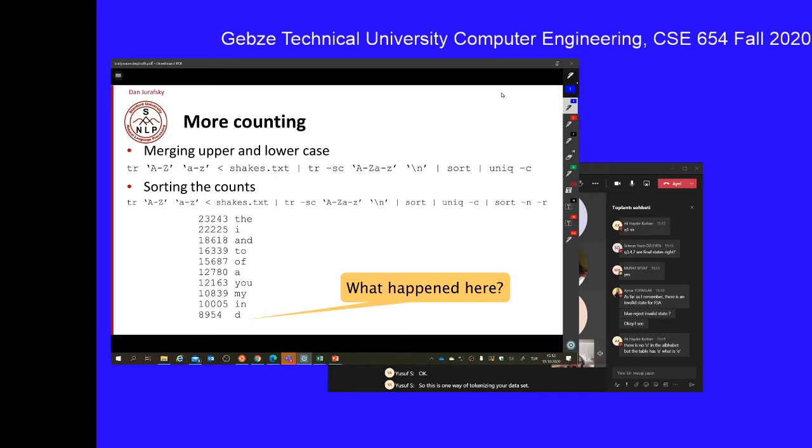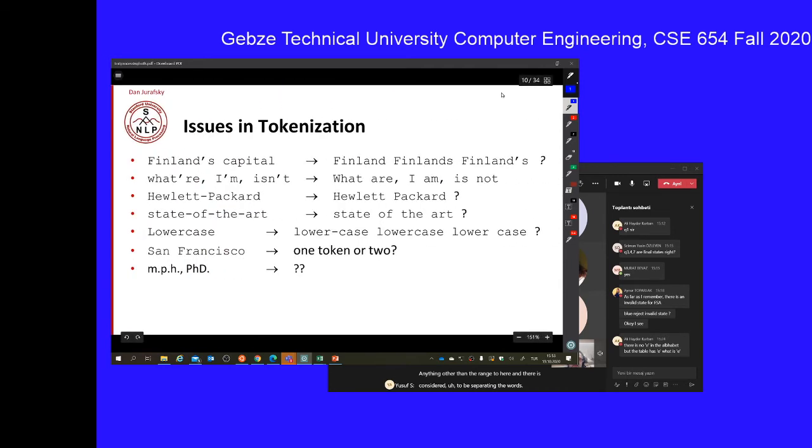Very simple. But the assumption is anything other than the letters, anything other than the range, is considered to be separating the words. Okay, but that may not be true because is Finland's one word or two words?